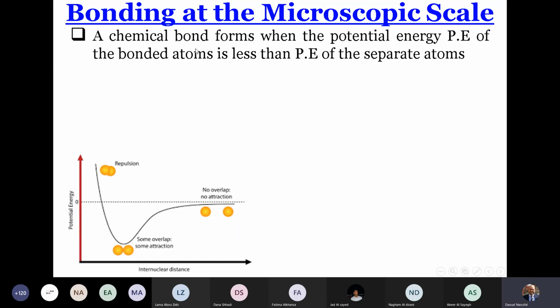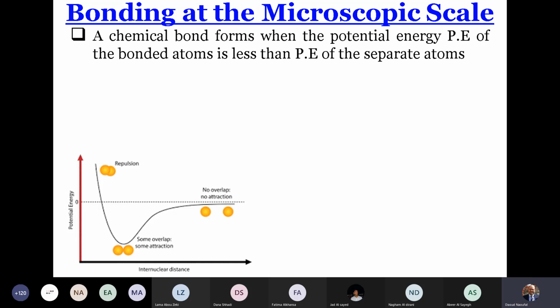A chemical bond forms when the potential energy of the bonded atoms is less than the potential energy of the separate atoms. For example, consider Na and Cl, and they have to form a bond.